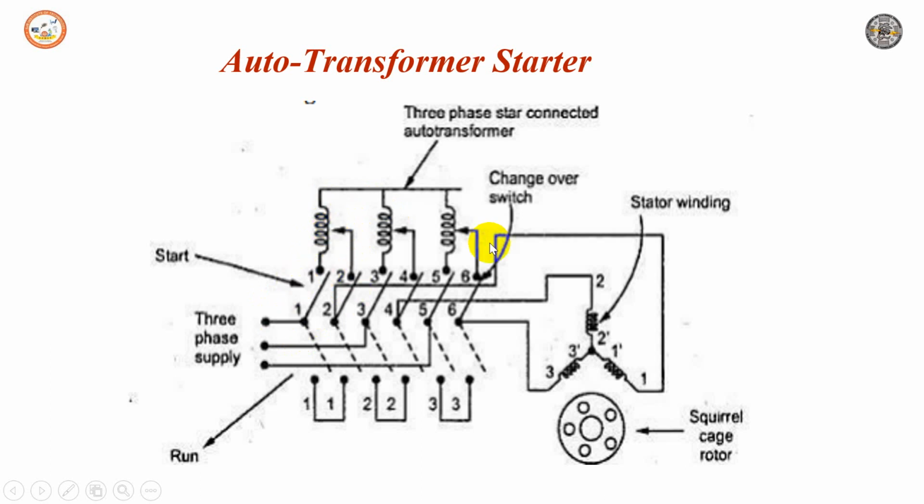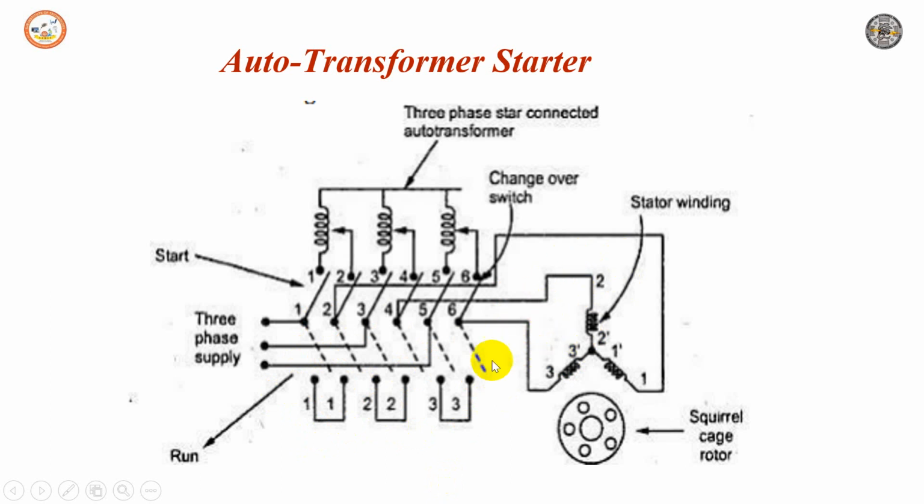During normal operating condition, this three-phase supply will be switched to 2, 4 and 6. In that case, it will be delta connected during normal operation, where we apply the supply voltage to the stator winding, which is safe during normal running condition.